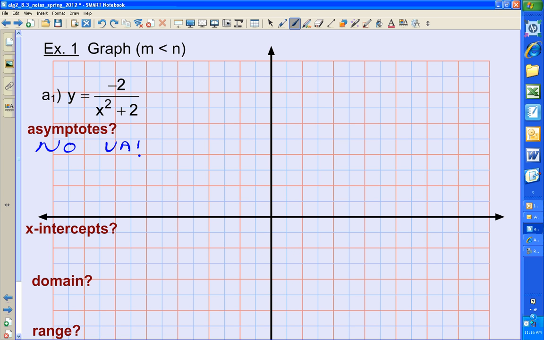Thomas, how about the horizontal asymptote? How do you find it? It's got to be an equation.